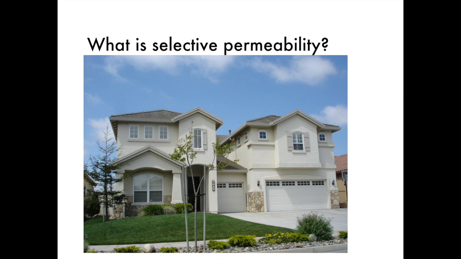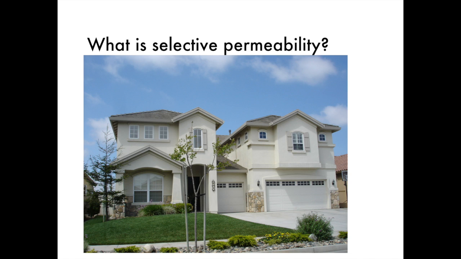If it's cold enough outside, eventually that cold air is going to get through inside your house and drop the temperature of your house. And in the summertime, the solar heat is going to get through your walls and heat up your house. So selective permeability means that some things, but not all things, can get into your house.